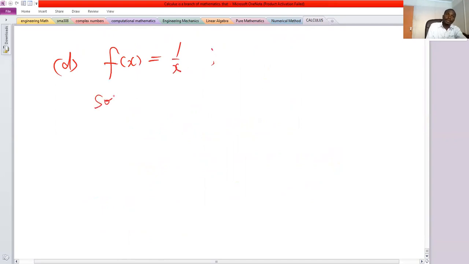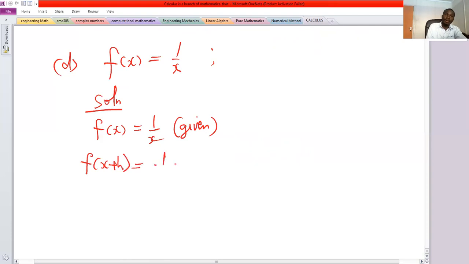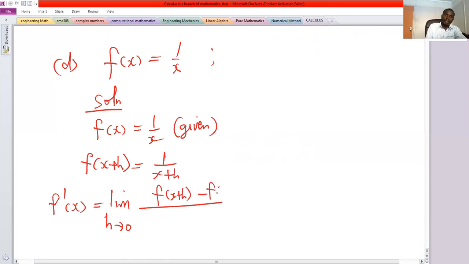So solution, you start by saying f of x is 1 over x, this is given in the equation. And then f of x plus h will be 1 over x plus h. And then f prime of x is given by the limit as h approaches 0 of f of x plus h minus f of x over h.